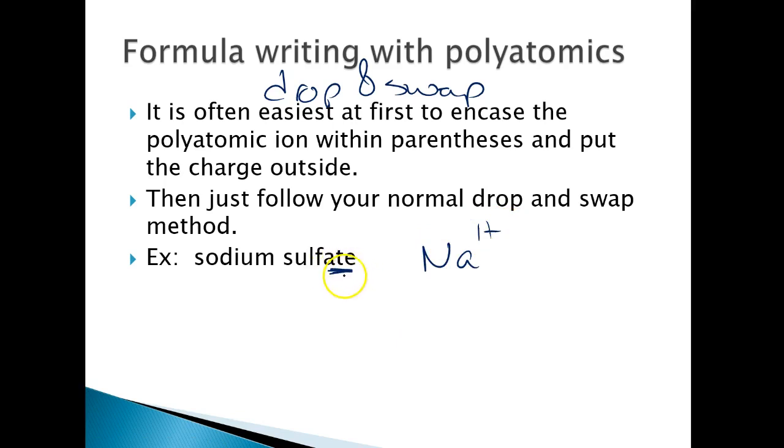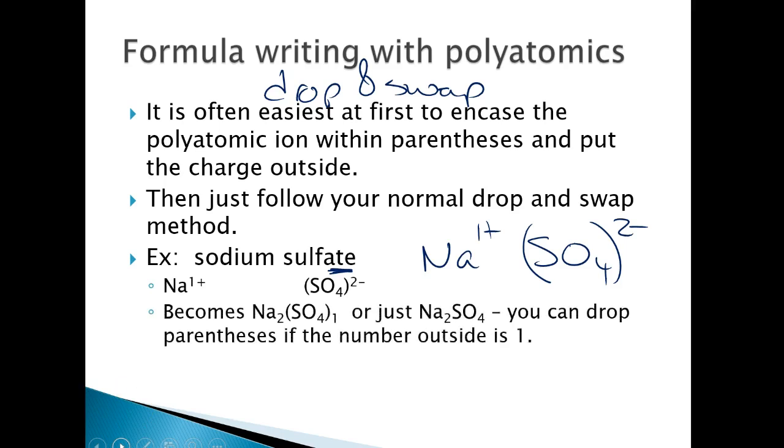Sulfate, I'm recognizing that because it ends in ATE, that it is not just sulfur. SO4, charge on the outside. And then you're just going to drop and swap like before. So you've got it like this. Drop and swap. The 2 drops here. The 1 drops here. Notice I didn't do anything with that 4.